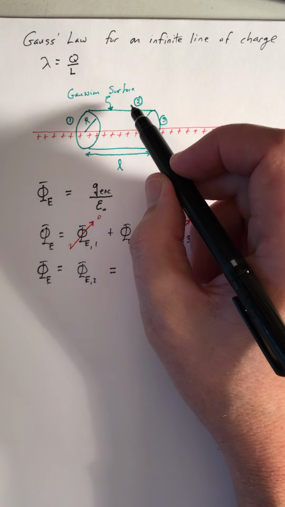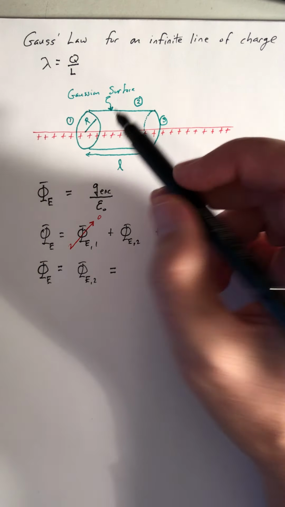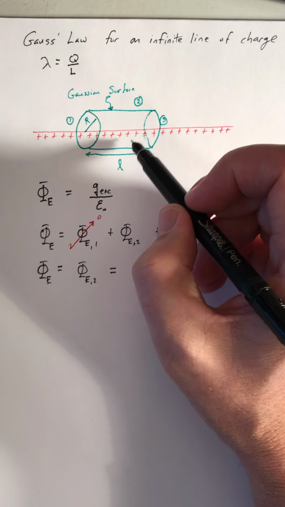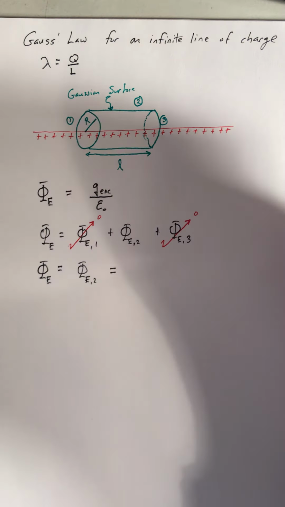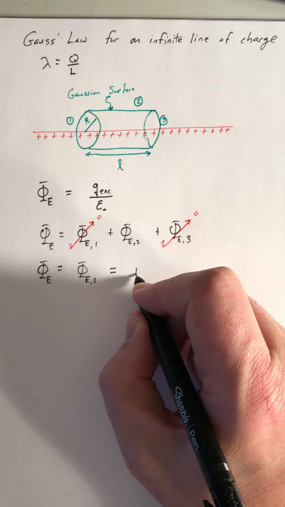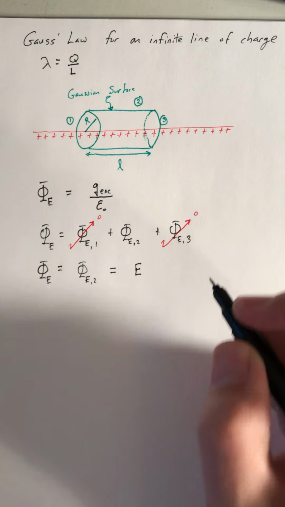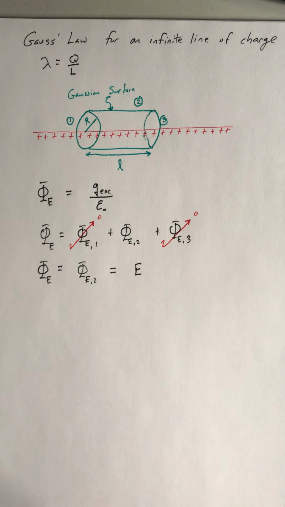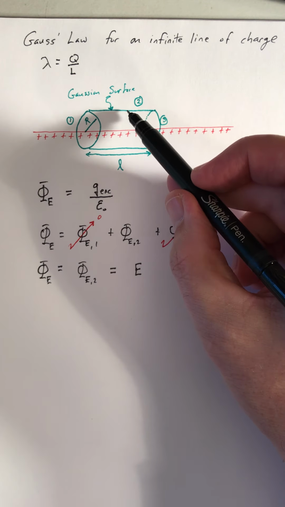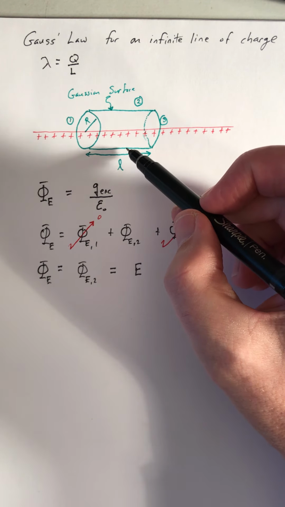If you think of the perpendicular distance away, any point on this cylindrical surface, surface 2, is going to have the same value for the magnitude of the electric field. So in computing the flux, I'll have a constant magnitude, and then I just need to know the area of the wall of the cylinder.